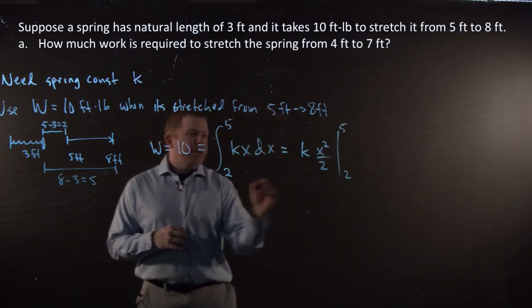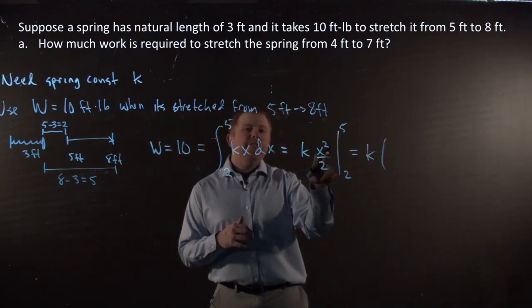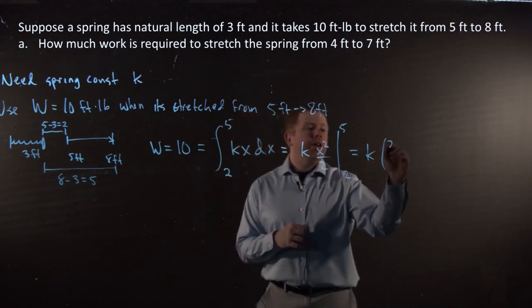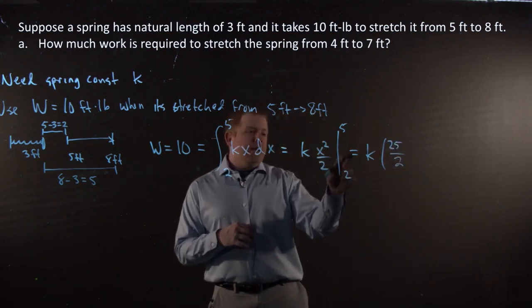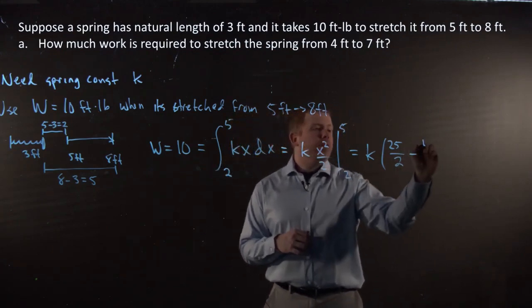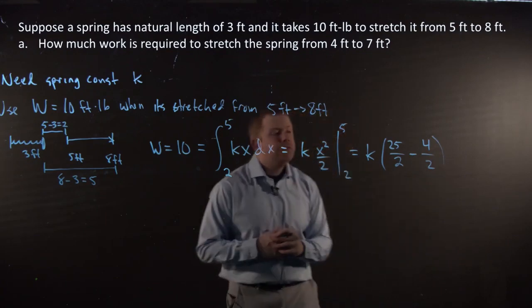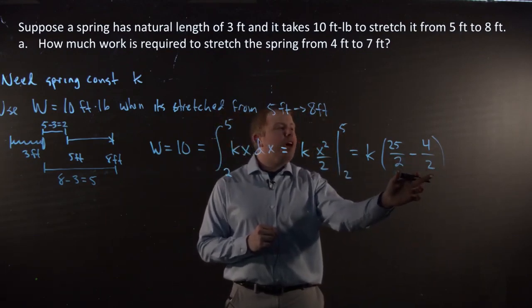And so this is going to be equal to k times plugging in 5, that's 5 squared, so 25 over 2, and then minus plugging in 2, so 2 squared is 4 over 2. And the reason I'm not simplifying this is that I want to keep this common denominator.